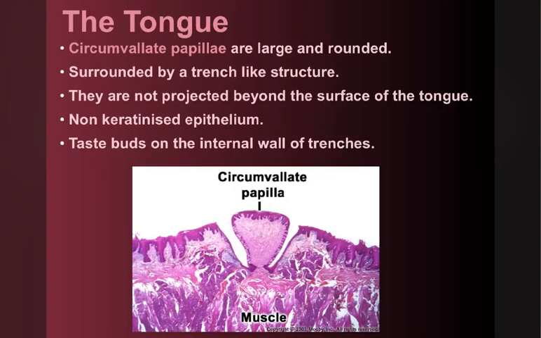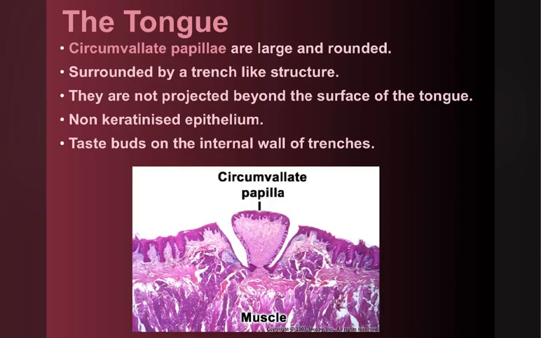Circumvallate papillae are large and rounded. They are surrounded by a trench-like structure. They are not projected beyond the surface of the tongue. They are covered with non-keratinized epithelium, and taste buds are on the internal walls of the trenches.